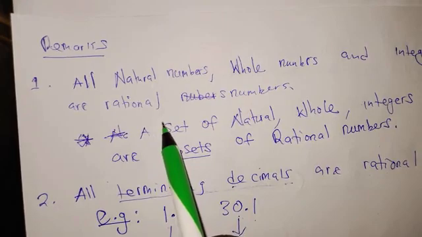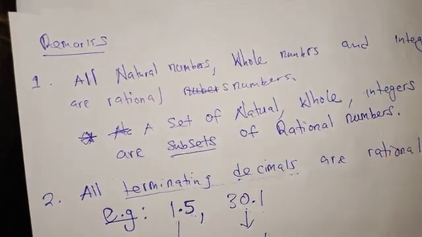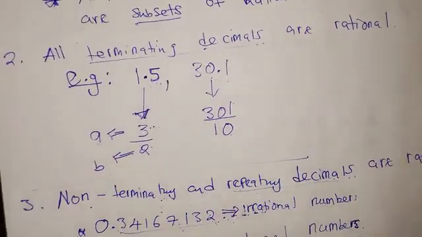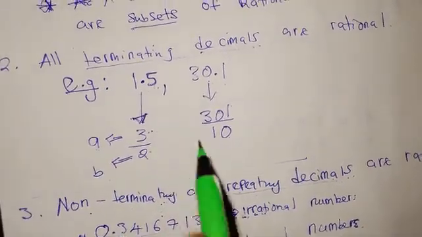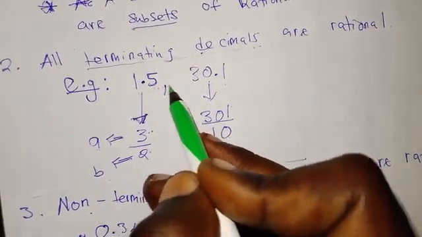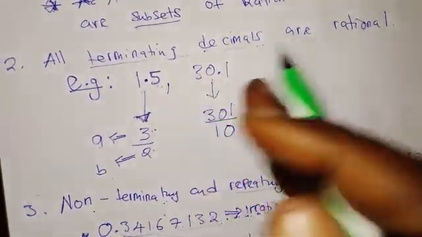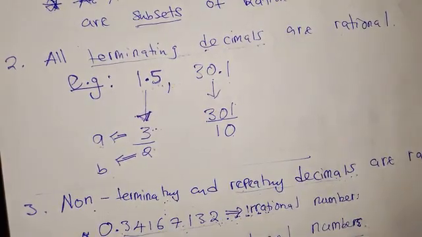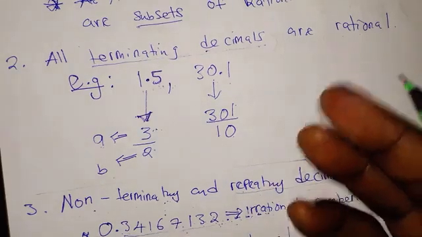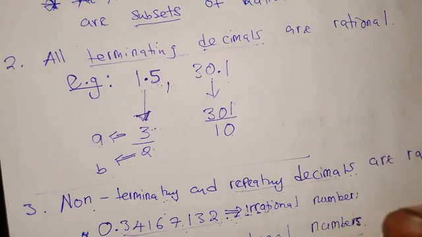We are calling them subsets of rational numbers. At the same time, terminating decimals, numbers which have a specific end, like 1.5, are not continuous running. Those are terminating decimals. We're also calling them rationals.